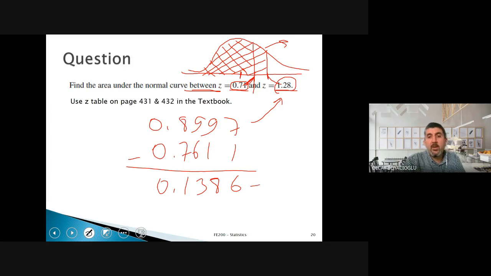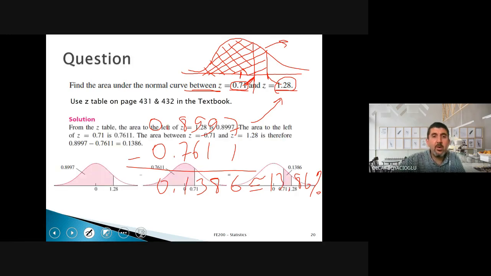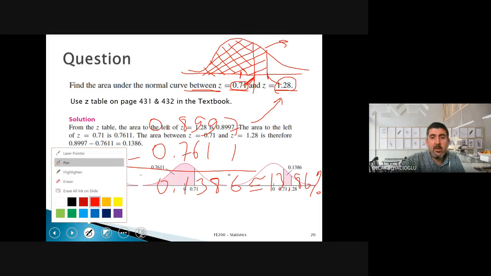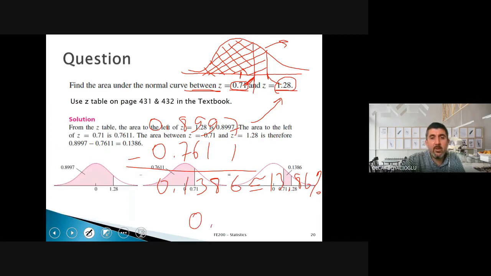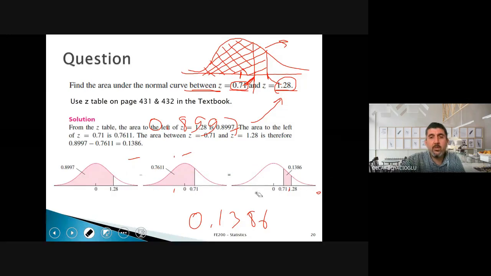And in percentage, that is 13.86%. If they ask for a percentage, this is how we do it: just multiply by 100. This is what we found, 13.86.